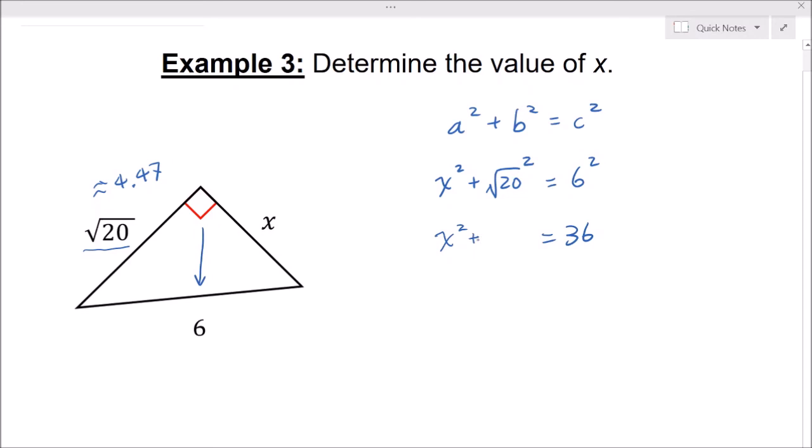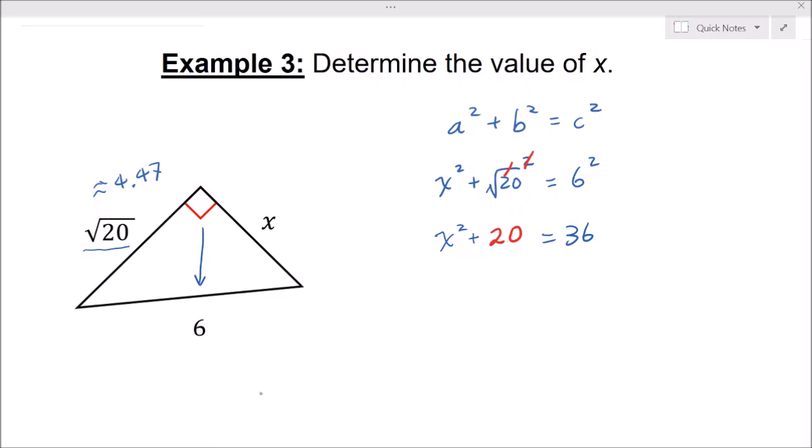How do we deal with that? Well, remember that since square roots and squaring are opposites, they're inverses, they cancel each other. So basically, you just get back that 20 as a normal number. The square root goes away, and it's just a clean 20.